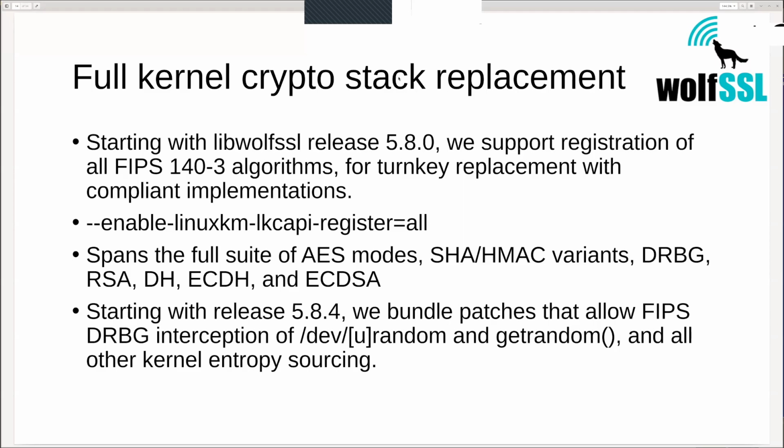And that includes even utility integer generation that's used by network stacks and other sampling algorithms under the hood. So it's a comprehensive 100% replacement of all random byte generation inside the kernel with FIPS certified DRBG and a FIPS pending certified entropy source under the hood.